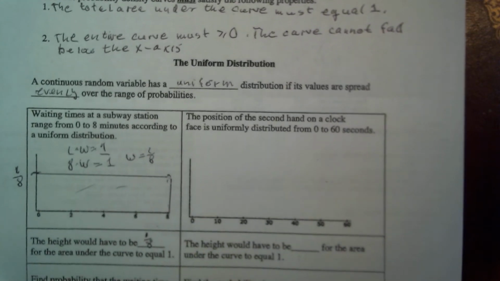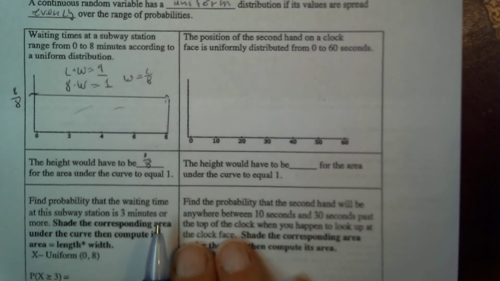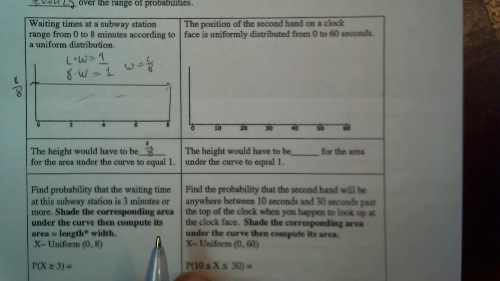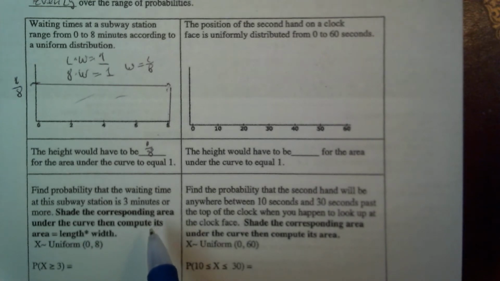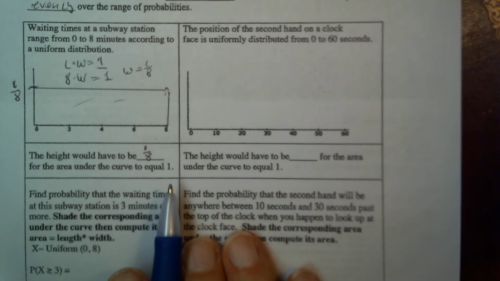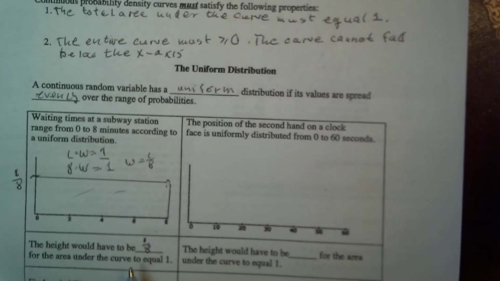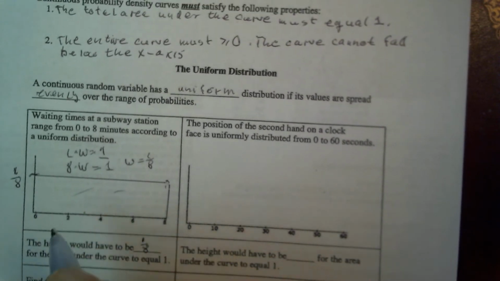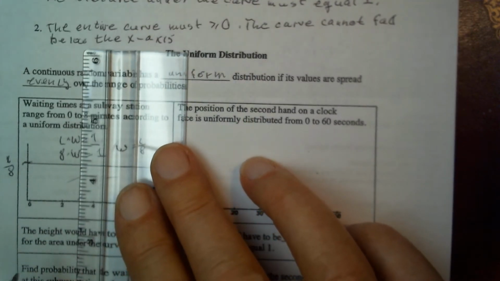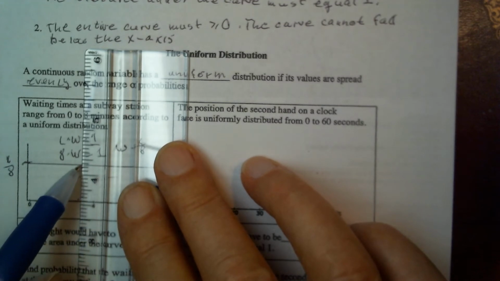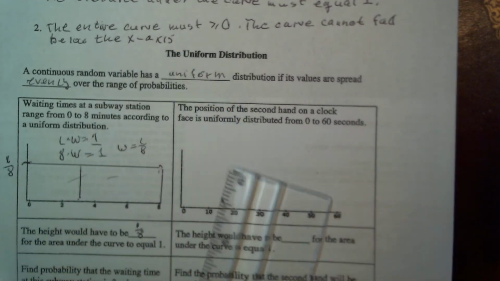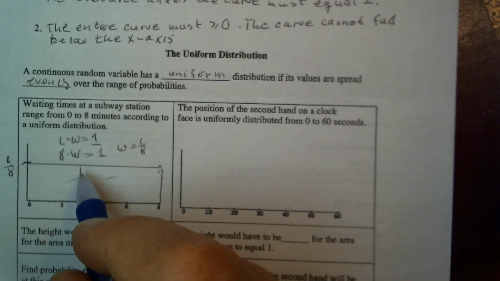Now here's a question. Find the probability that the waiting time at the subway station is 3 minutes or more. Shade the corresponding area under the curve and then compute its area, length times width. Okay, so let's do that. So let's shade in the area under consideration.